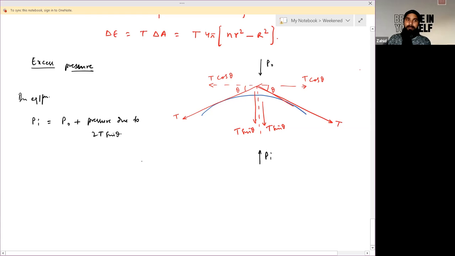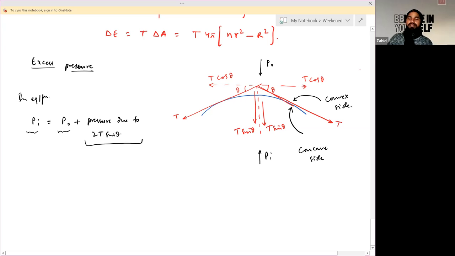Comparing this part and this part, pressure from inside is greater than from outside by this amount, which means from inside it will be towards the concave side, and from outside it will be towards the convex side.